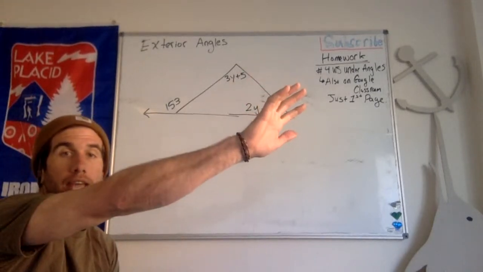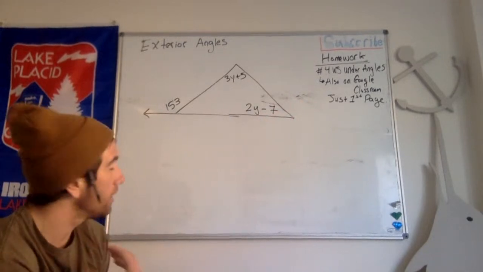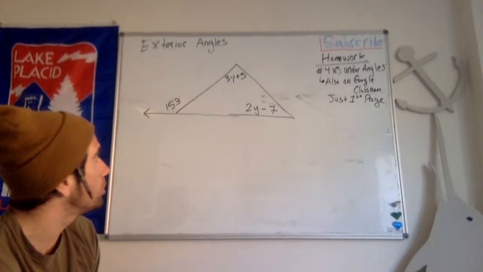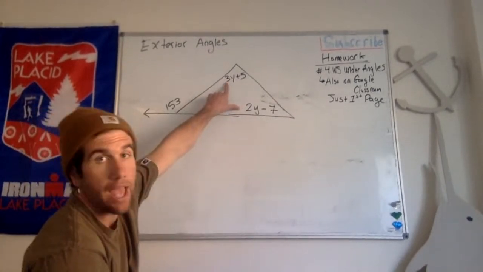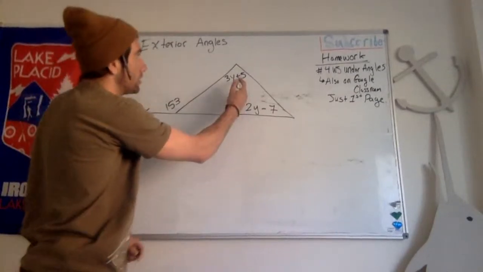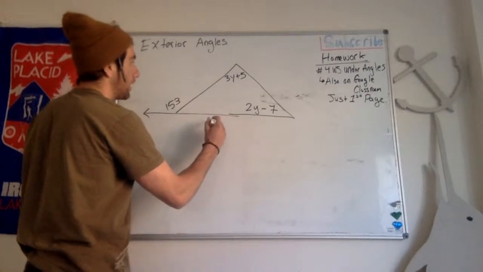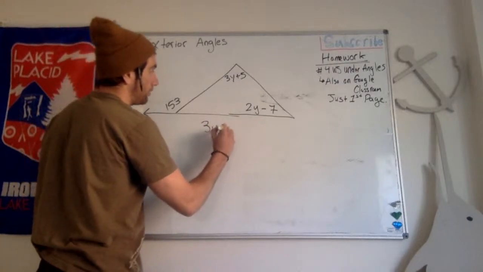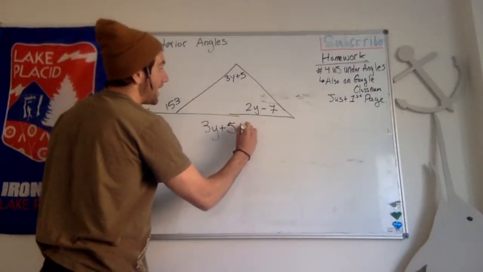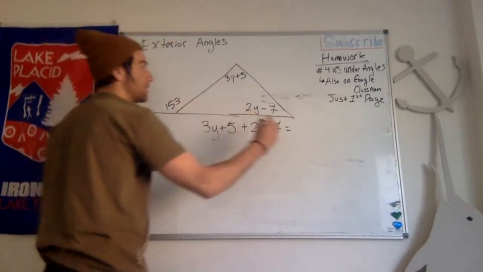They're away from the exterior angle. So then you can use your remote interior theorem, which means that these two remote angles equal the exterior. So when you write that out, now I don't have numbers, I have an expression just like we've been doing all along. You simply take 3y plus 5, add it to 2y minus 7, and then equal it to my exterior.